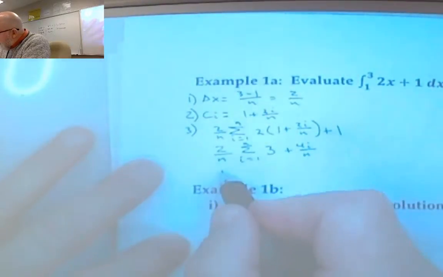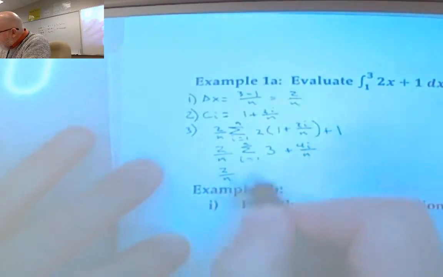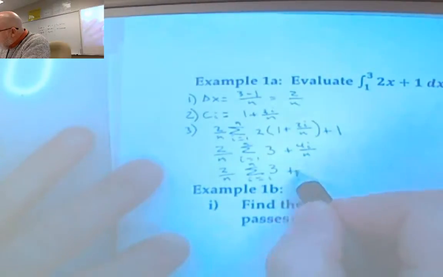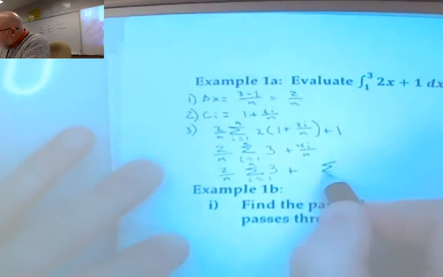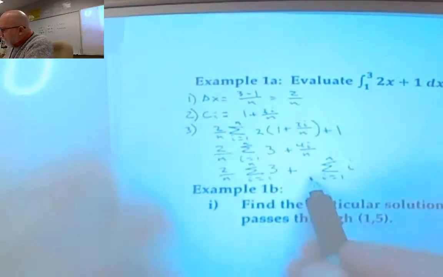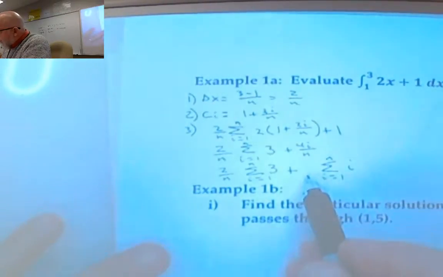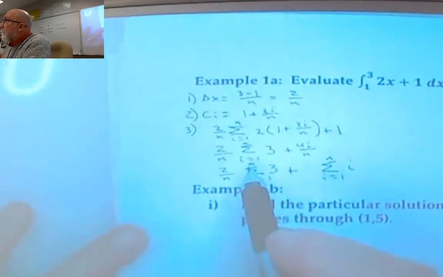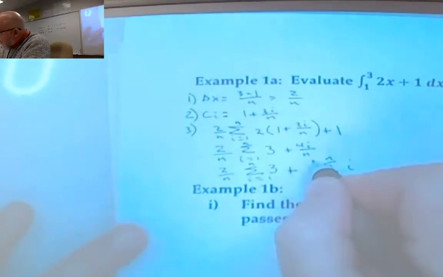And I'm going to get 2 over n summation i equals 1 to n of 3 plus, here's my summation i equals 1 to n, here's i. What goes out in front of here, Sawyer? i times 2 over n, right? Would you agree? So it gives me 8 over n squared. Is that what you said?